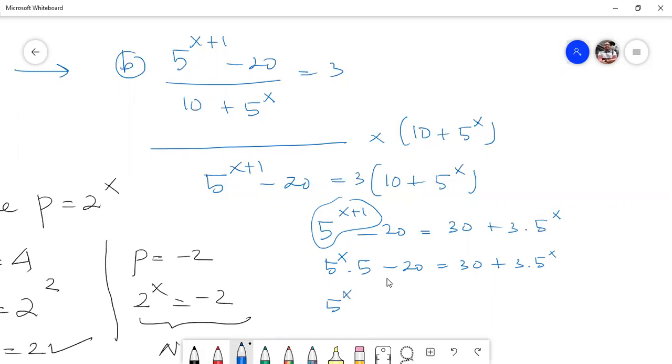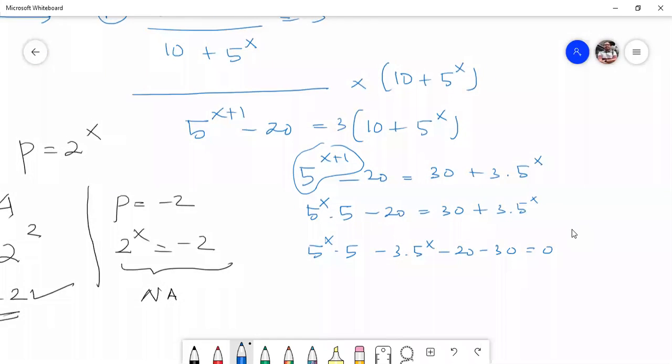Then just transfer everything here: minus 3 times 5 to the power x, and then minus 20 minus 30 equals 0. Then let 5 to the power x equal a, for example.